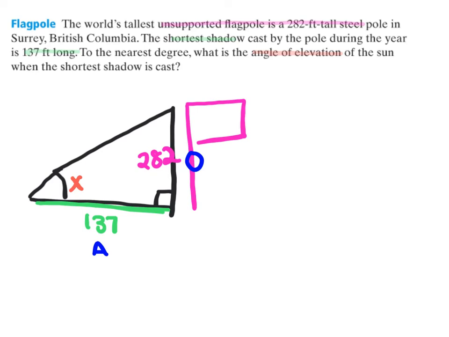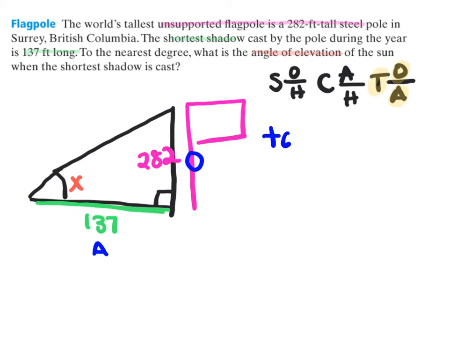And now, using trig, it's SOHCAHTOA. Since you have the opposite and adjacent, you have to use tangent. So you could say that tangent of x equals 282 over 137.